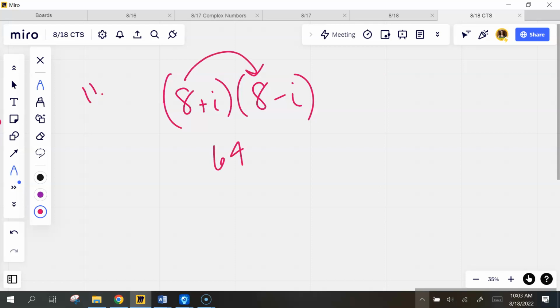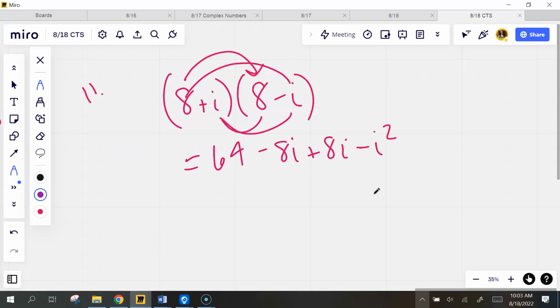I got 64 minus 8i plus 8i minus i squared. All right, what does this one become? Negative i squared, positive 1. Combine your whole numbers, your real numbers. So I got 65, and the i's cancel.